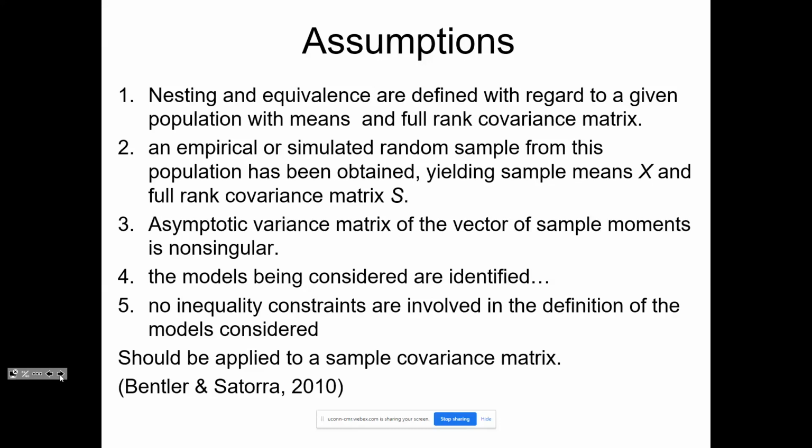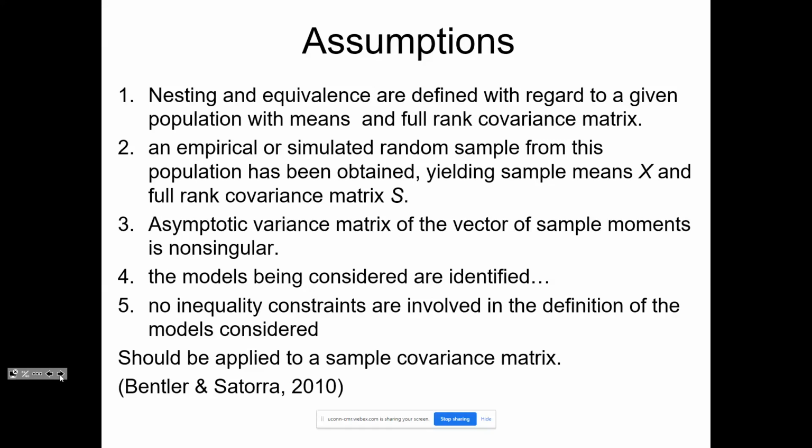But this is important. They're technicalities, but the point is, if you try to do this, you have to have a matrix that actually theoretically works. You need to have a positive definite matrix. This is just all the caveats. The models have to be identified.